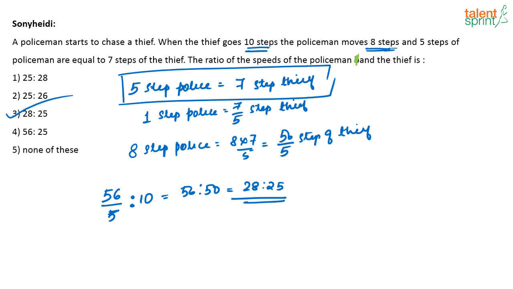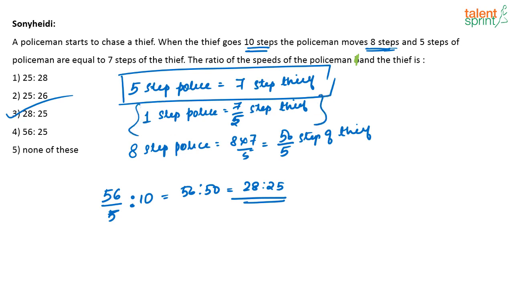That is 10 steps of the thief is equivalent to, in the same time, the policeman moving only 8 steps. Similarly 5 steps of the policeman is equal to 7 steps of the thief. So basically to equate the steps taken by police and thief, I have represented everything in terms of the thief, right? See, 1 step of the police is actually equal to 7 by 5 steps taken by the thief. That is why I have done this, right?